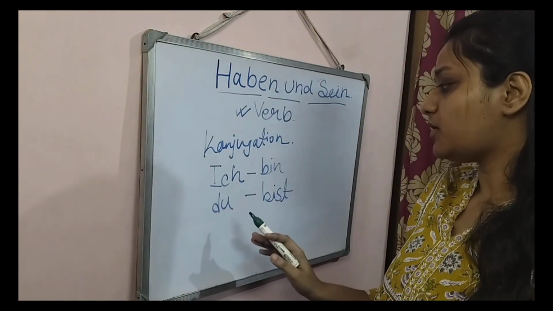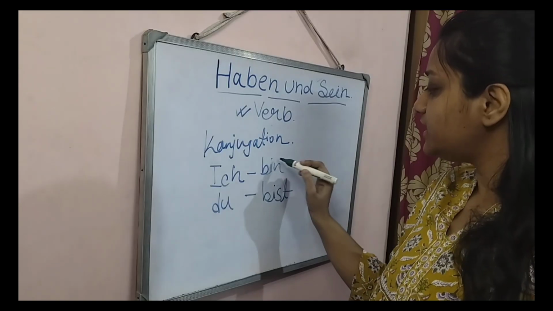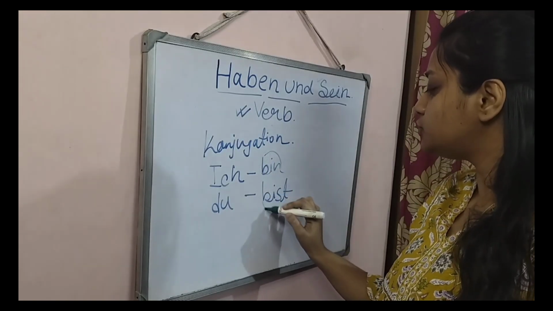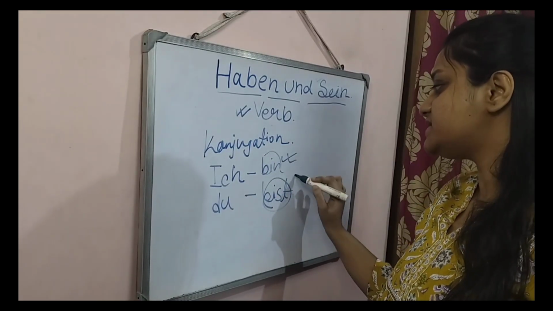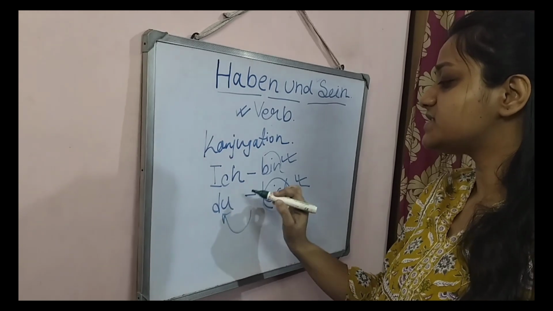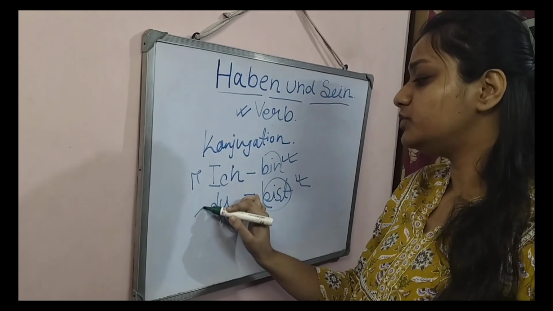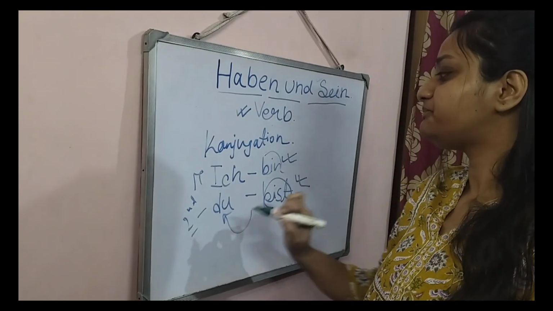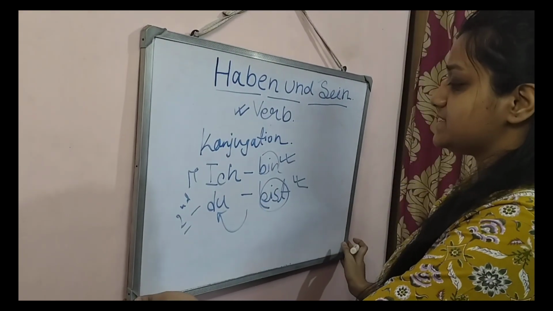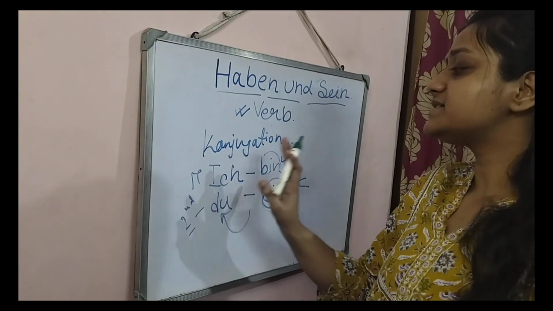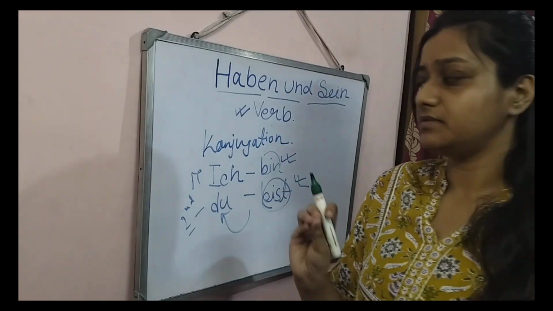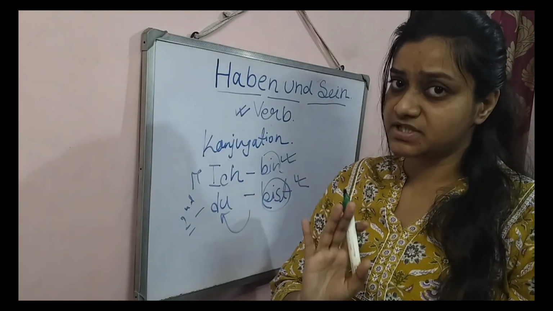You will see that for ich it is bin, and for du it is bist. So that changes according to the subject. Ich is first person and du is second person. So that is conjugation in German, meaning the connection between subject and verb.